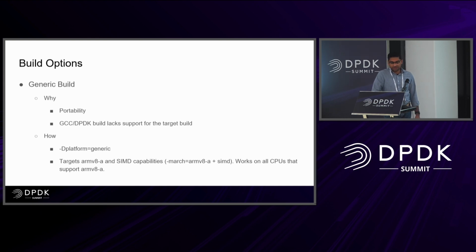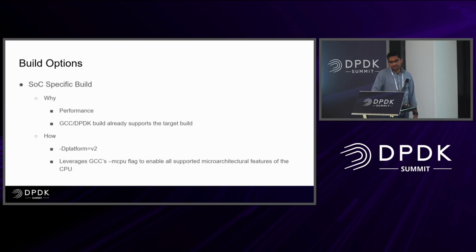You pass dplatform=generic at build time, and that argument will get translated into march=armv8-a+simd, which means generate a binary which works on any ARM v8-a and below plus some Neon extensions. So this is the most portable one. Any 64-bit ARM CPU out there would understand this instruction set.